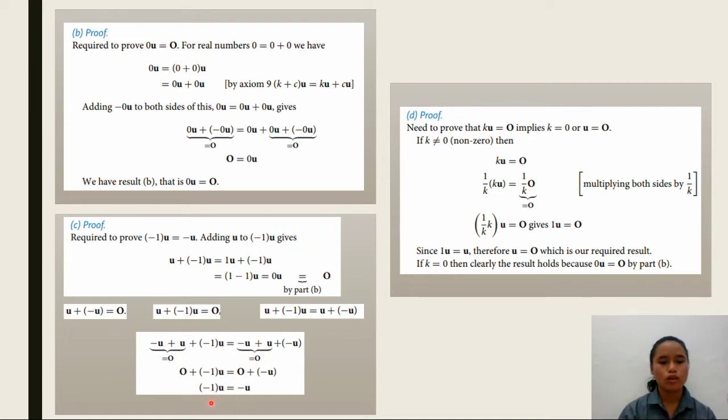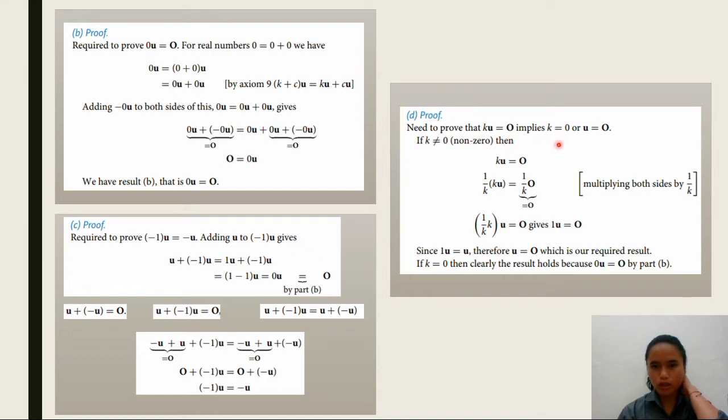So finally we get minus 1 times u equals minus u. So this is a proof.